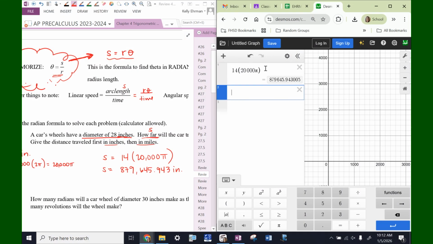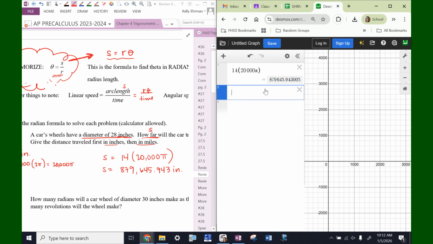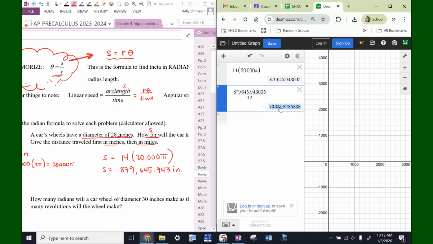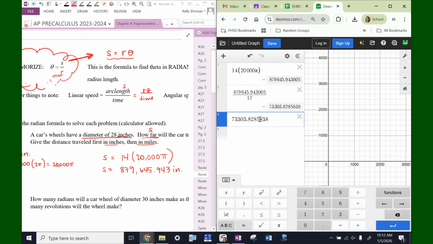Okay, boom. This answer, copy, paste. That's in inches. If I divide it by 12, this is how many feet I have. If I divide that answer by how many feet are in a mile, 5,280, I get how many miles we've traveled.